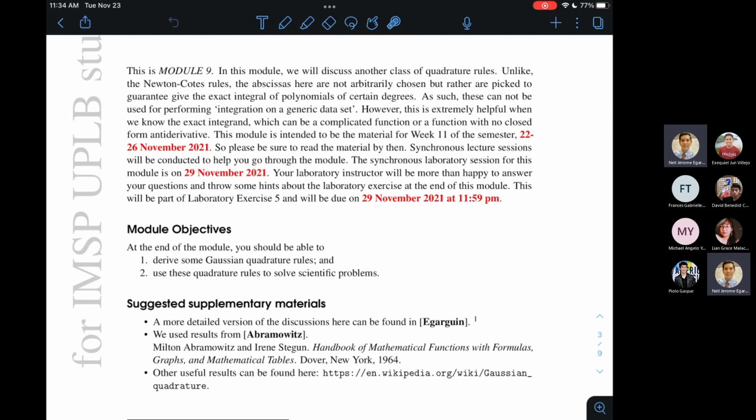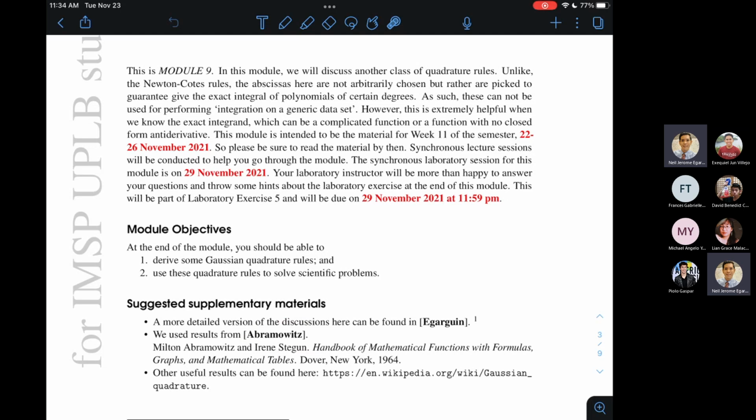And then I have several other references here. I will cite some results from this book by Abramowitz, which is a very nice reference, especially if you're working in numerical analysis or even mathematical physics. Actually, ito yung ginagamit ko, yan yung ginamit ko sa PhD dissertation ko. And apparently, meron siyang result about numerical integration na pwede nating i-cite today.